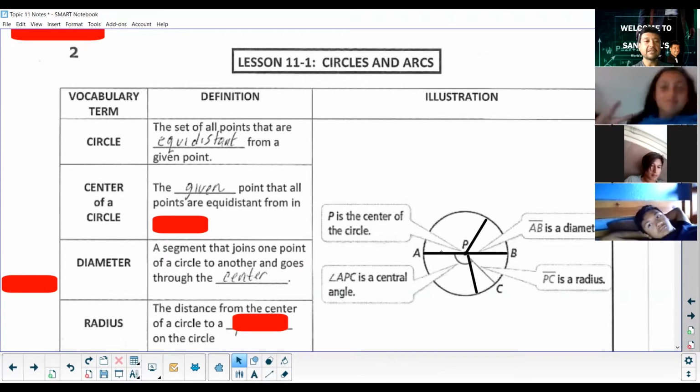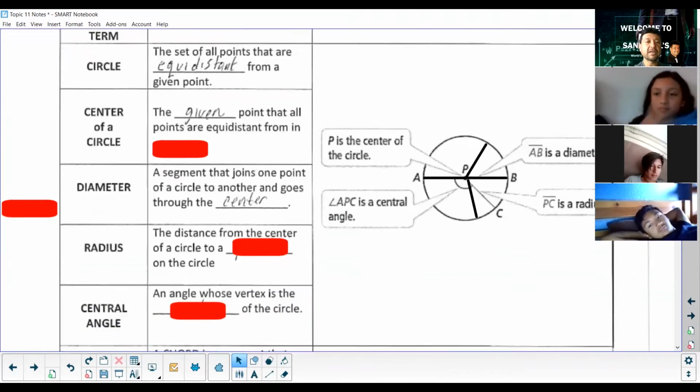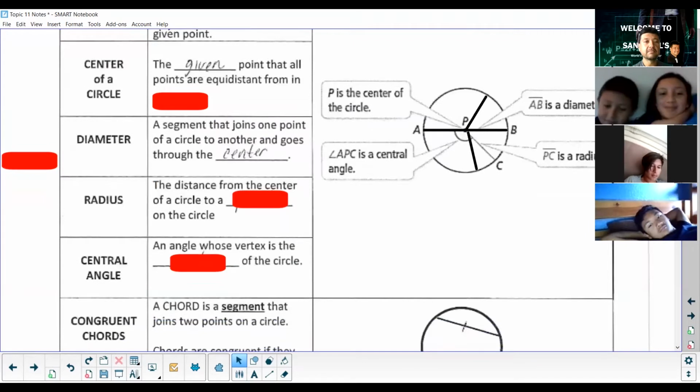All right, now Celeste, go ahead and read the next vocabulary term. The one that says radius. The distance from the center of a circle to a blank on the circle. What do you think that is? Here, let me help you. The point. Yeah, the point. So we're talking about this point P right here.